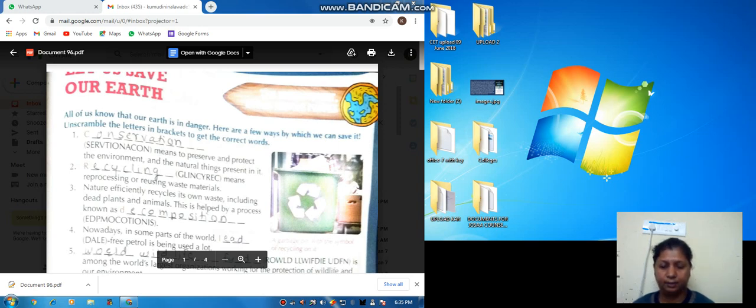Next, nature efficiently recycles its own waste, including dead plants and animals. This happens by a process known as D. It is decomposition. In science, in the biology branch, you can study about this.